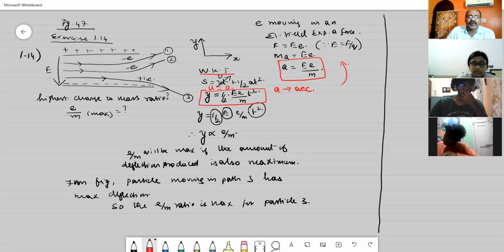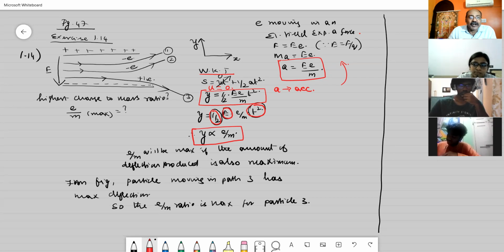Substituting in the equation, we get y is equal to half into e by m into E into t squared. The half, the applied electrical field, and the time taken for the charged particle to cross the electrical field are all constants. So we can state that the amount of deflection produced, y, is directly proportional to the specific charge, e by m.